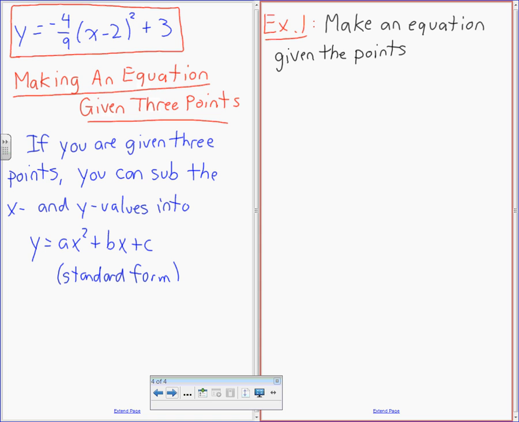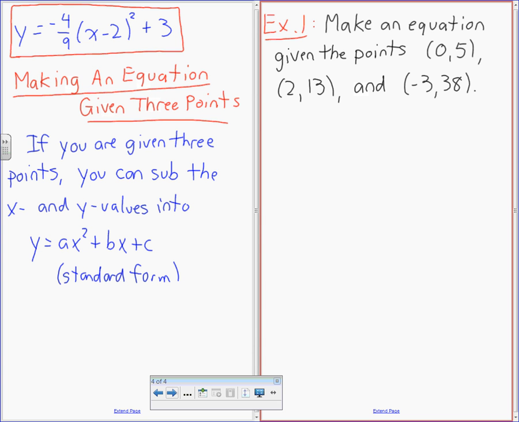The first point is going to be 0, 5. The second point is going to be 2, 13. So I've got to make sure I get these right. And the next one's going to be -3, 38. All right, so we don't know for sure if one of these is a vertex, which it won't be. I'm just happening to give me 3 points.